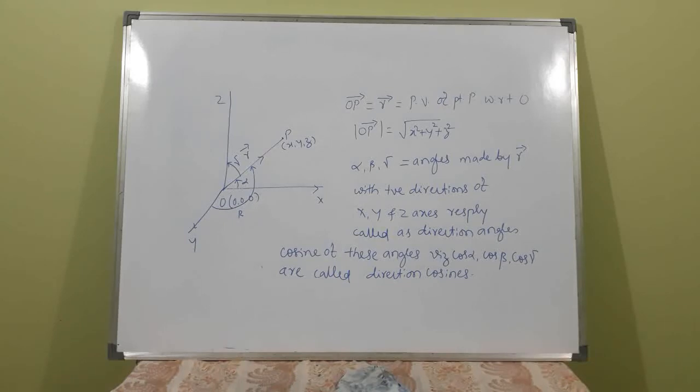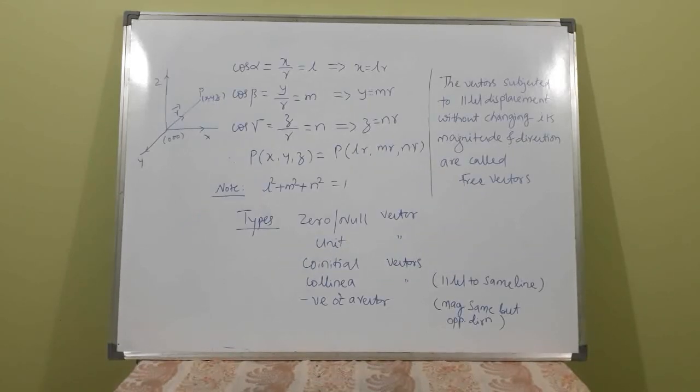The cosines of these angles are called direction cosines, that is cos alpha, cos beta and cos gamma. Cos alpha is given by x by r, cos beta is given by y by r, and cos gamma is given by z by r.